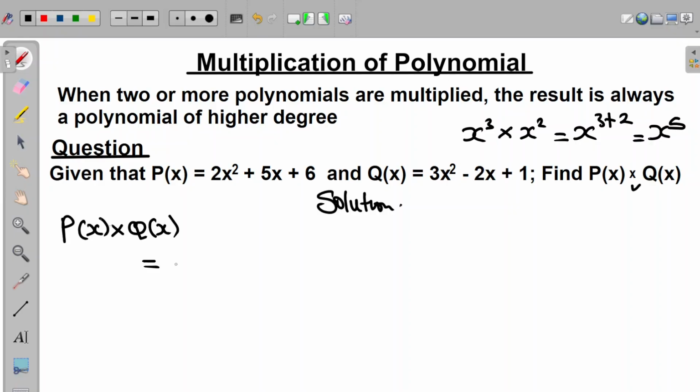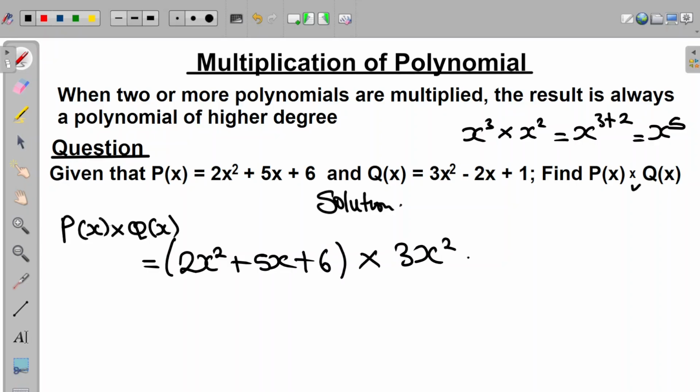So this will be equal to (2x² + 5x + 6), all enclosed in a bracket, multiplied by (3x² − 2x + 1), everything enclosed in a bracket.